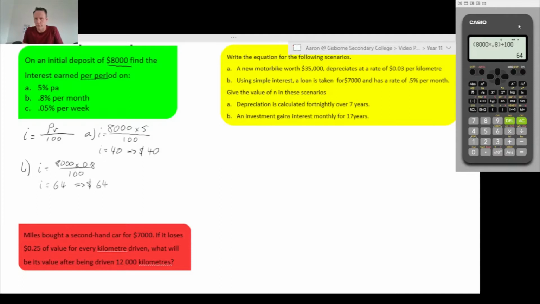Okay, I just paused the recording there because I noticed something that's a bit unusual. So back on the calculator right now. You may have noticed I didn't actually hit 8,000. I hit 800. And what I noticed was that I got $64 for 0.8% interest on $8,000. And over here, I got $40 for interest of 5%.